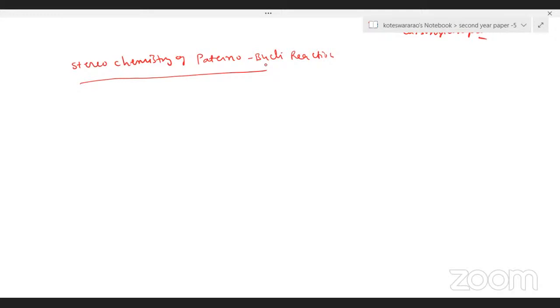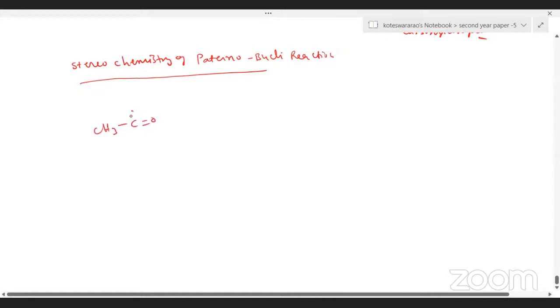So suppose you take benzaldehyde as per the previous conversation. This is acetaldehyde, a simple aliphatic aldehyde. This aliphatic aldehyde is undergoing the Paterno-Buchi reaction with trans or cis olefins.